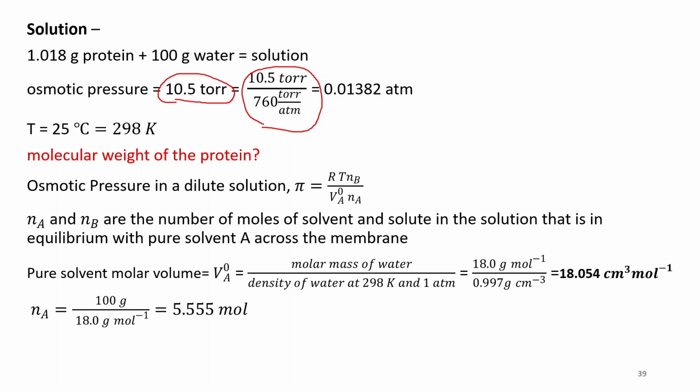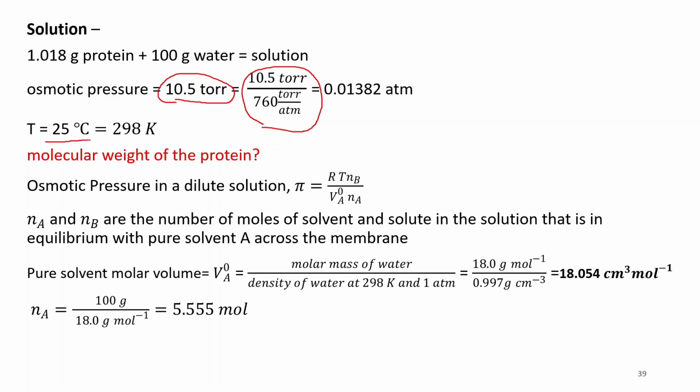For converting from torr to atm, we need to divide by 760, and we get 0.0138 atm as the osmotic pressure.